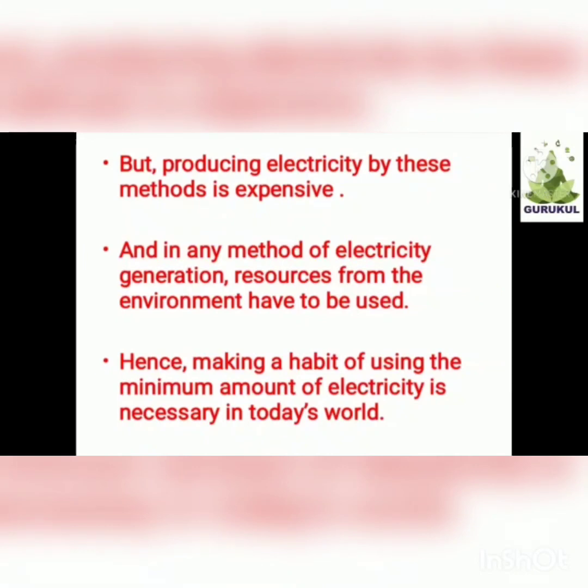But producing electricity by these methods is expensive. And in any method of electricity generation, resources from the environment have to be used.